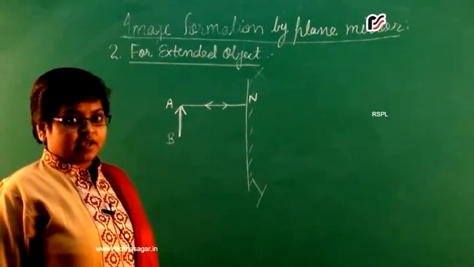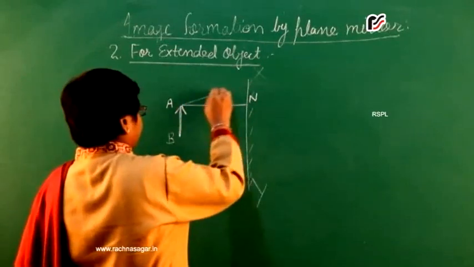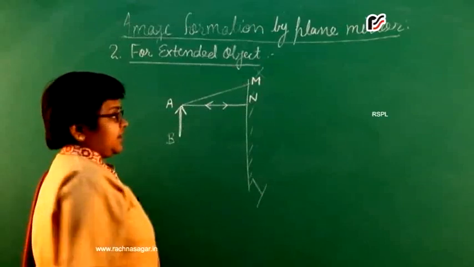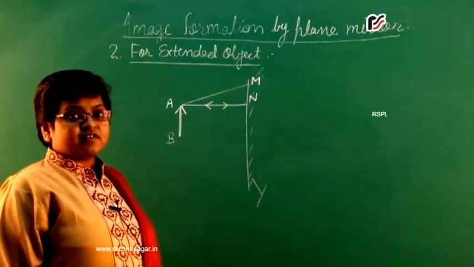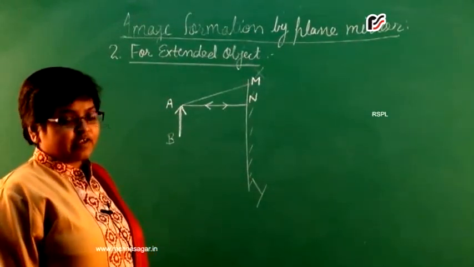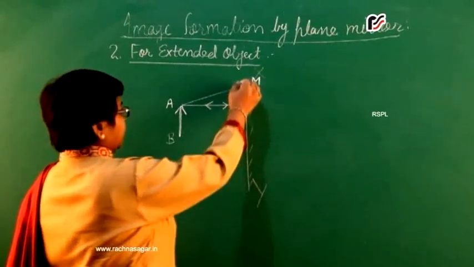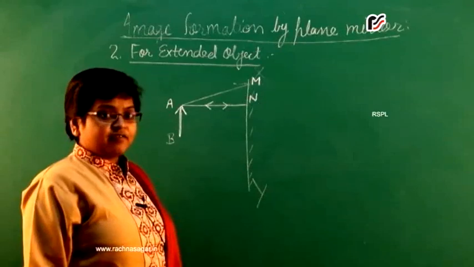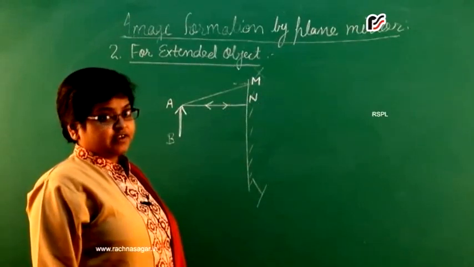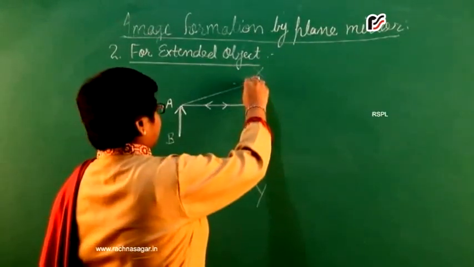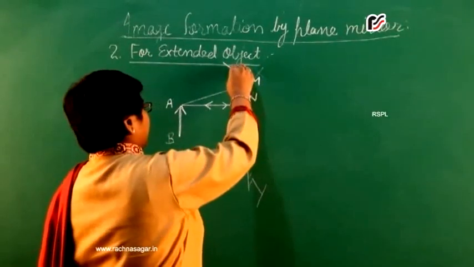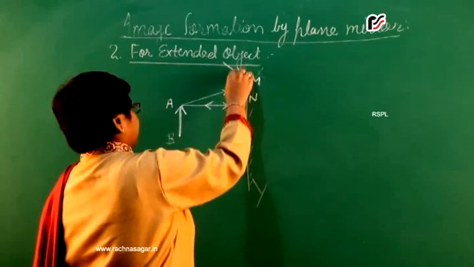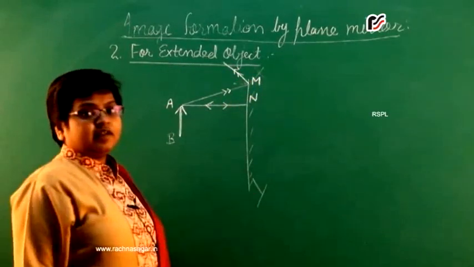We take one more ray, say AM, which is incident at any value of angle of incidence. At the same value of angle of reflection, it reflects back, like that.